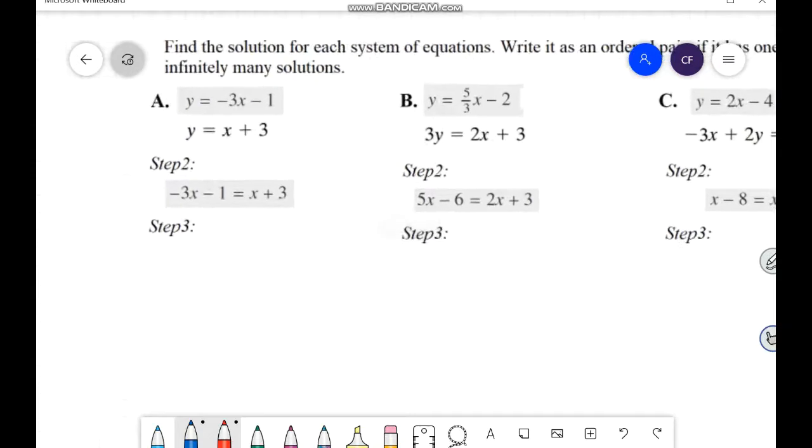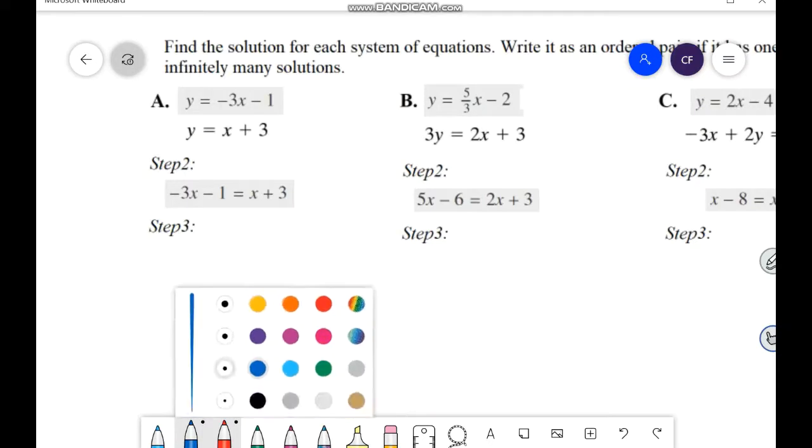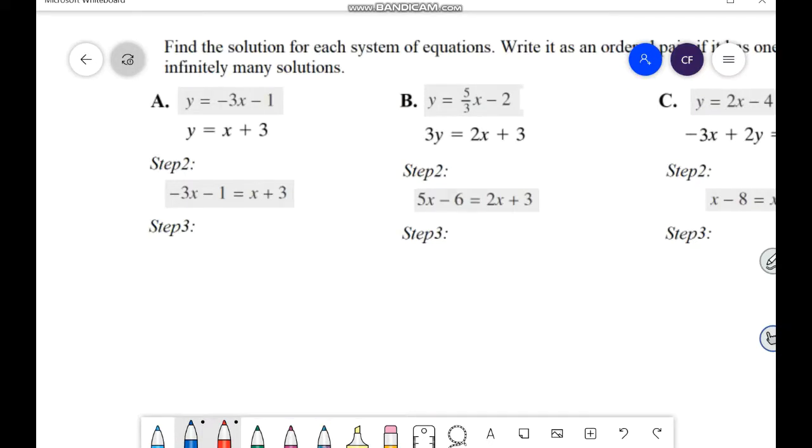Let's check the first one, letter A. This is the system we found on step number 2. We found this, right? Negative 3x minus 1 equals x plus 3. What we're going to do here is apply the addition property. We will add 3x on both sides, and subtract 3 on both sides.